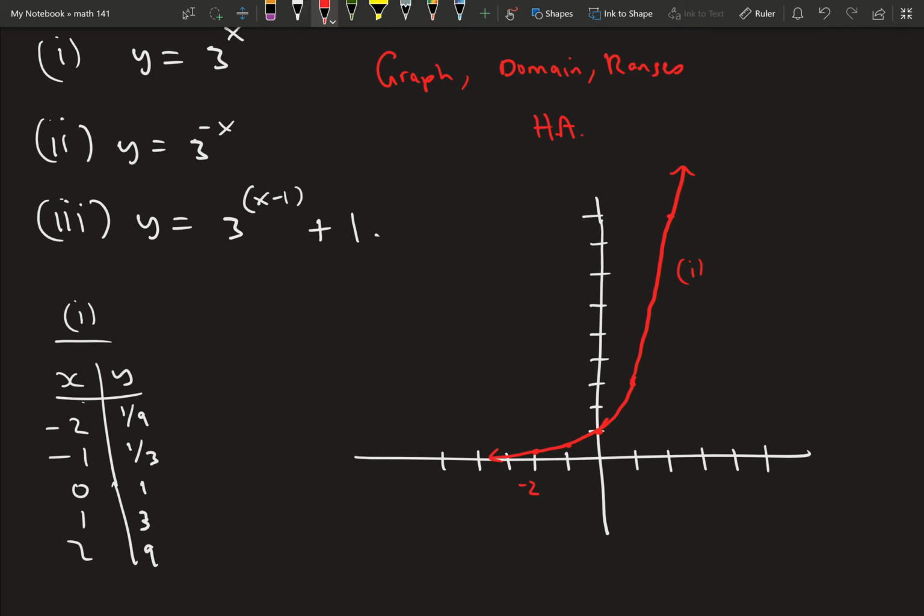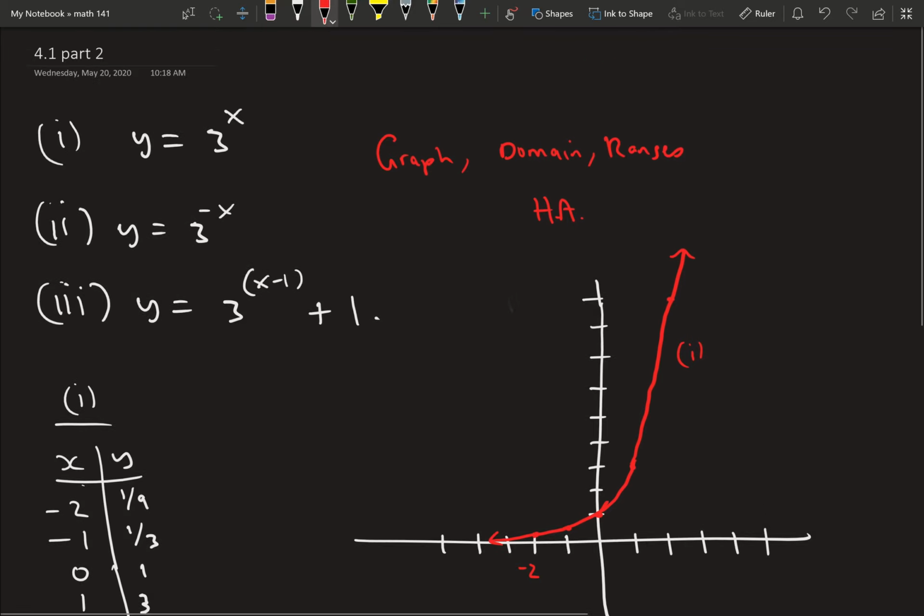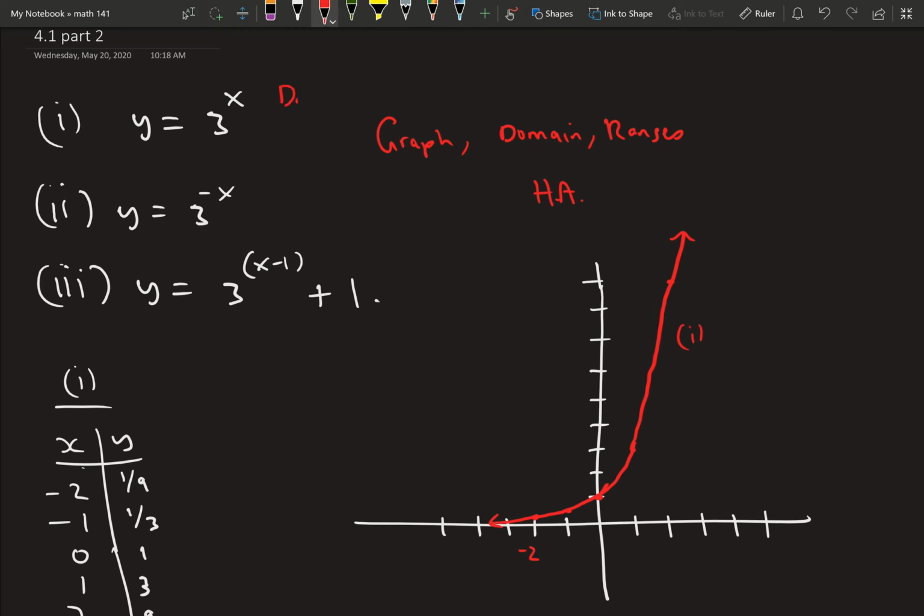Now again, 3 to the minus x. Well, let's first do the domain and range here for 1. So we have the graph. The domain here is all real numbers. So for any of these exponential functions, the domain is always all real numbers. The range is the only part that's different.